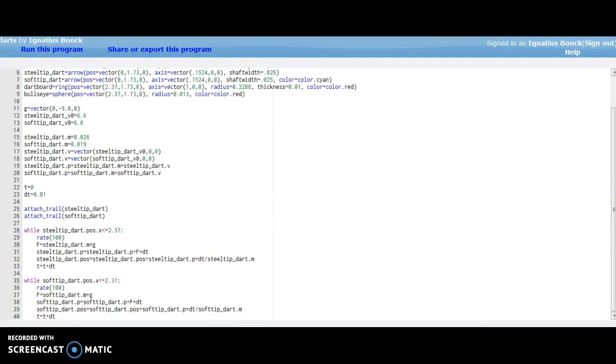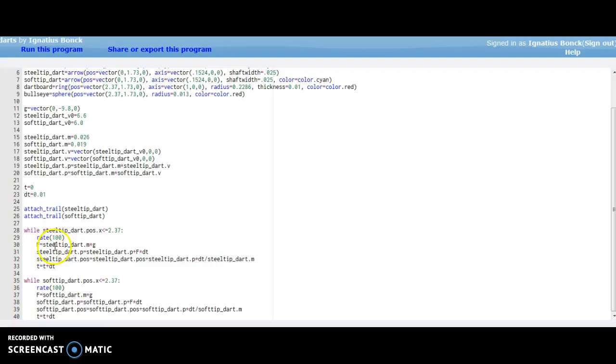Finally, we set up two loops, one for the steel tip dart and one for the soft tip dart. Each loop calculates all the way until 2.37, where the dartboard is, so it makes these calculations until it hits the board, at a real-time rate.